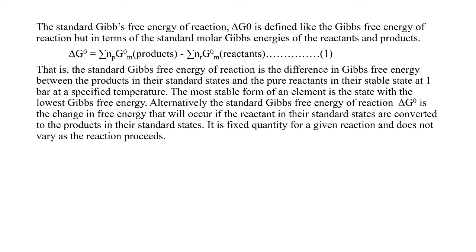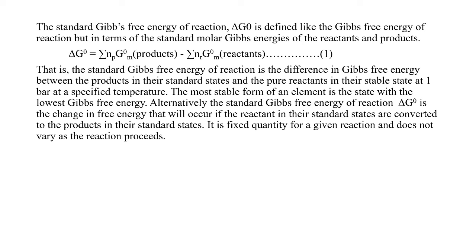That is the standard Gibbs free energy of a reaction is the difference in Gibbs free energy between the products in their standard state and the pure reactants in their stable state at 1 bar at a specified temperature. The most stable form of an element is the state with the lowest Gibbs free energy.